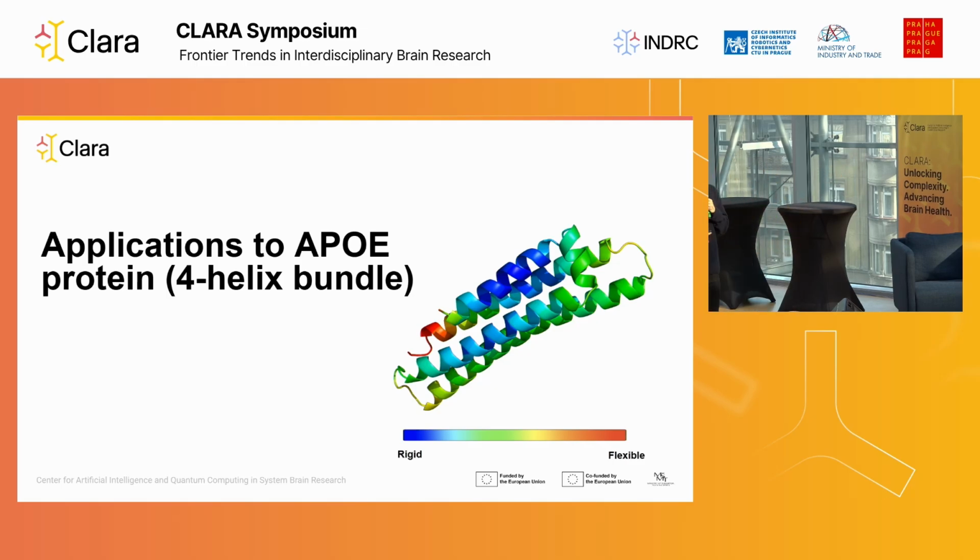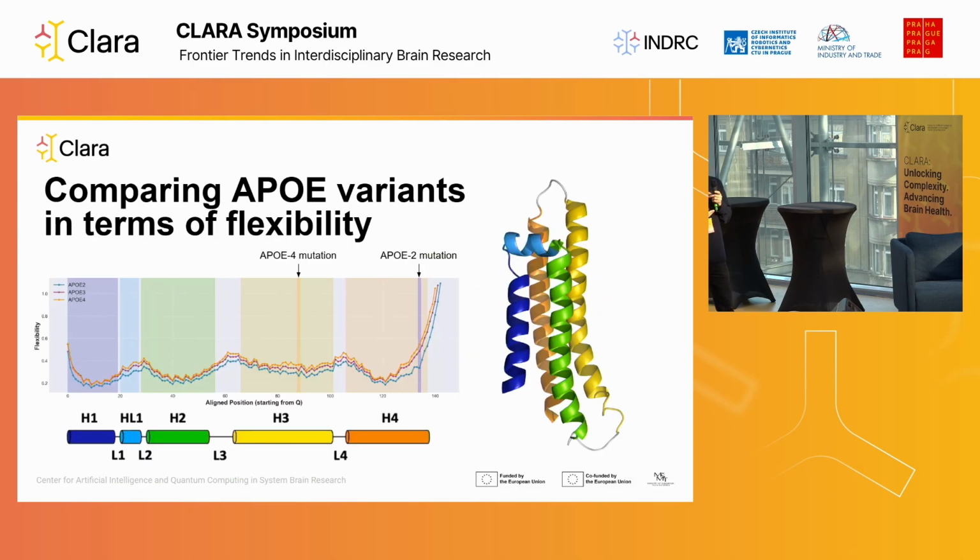But what is more interesting for us is to compare the differences between the different variants of this protein. That's what we present here. In this plot, on the y-axis, we can see the predicted flexibility, and on the x-axis, the indices of the residues of the 4-helix bundle of the APOE protein.